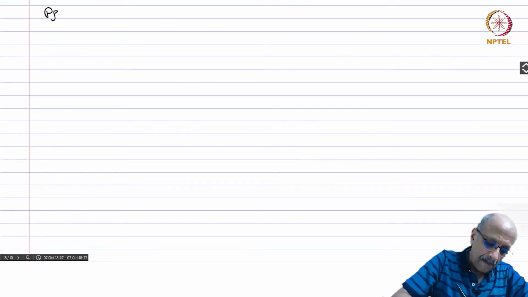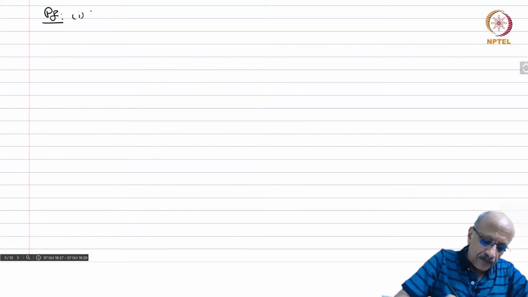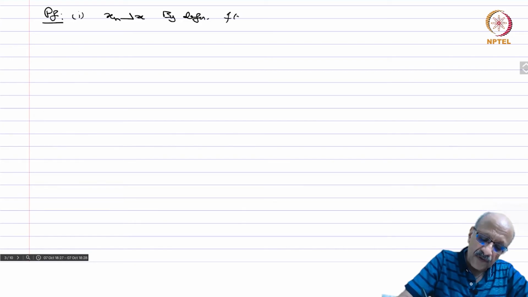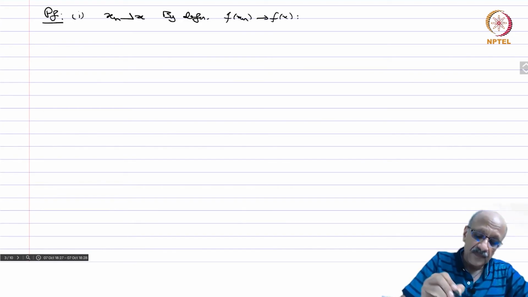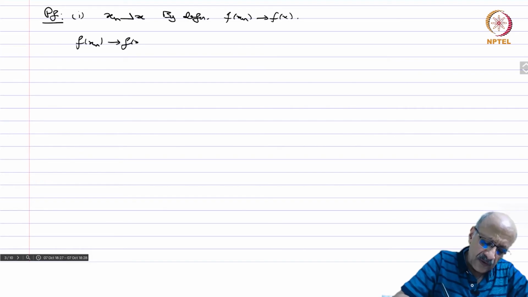So, proof. 1. If x_n goes to x weakly, then by definition, since all the f's are continuous for this topology, f(x_n) has to converge to f(x). Now let us assume that f(x_n) converges to f(x) for every f in V*.